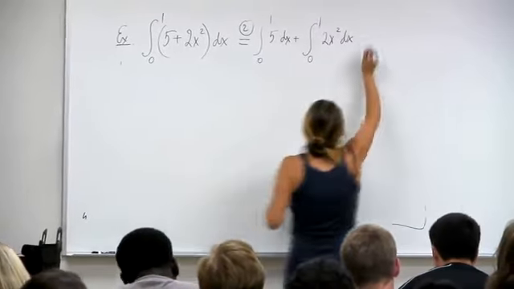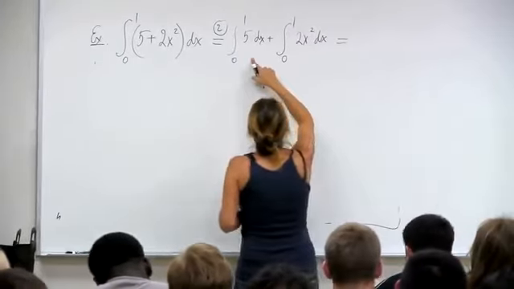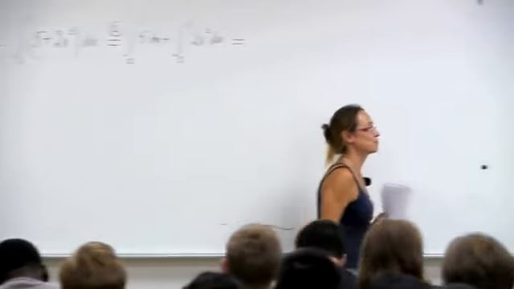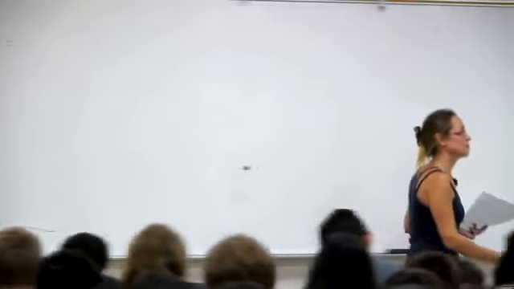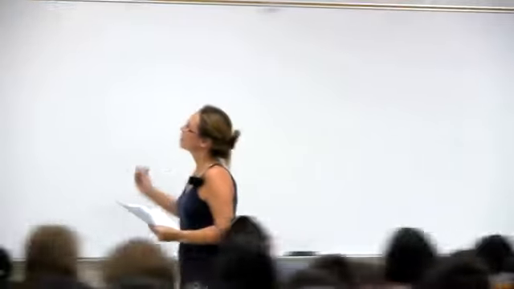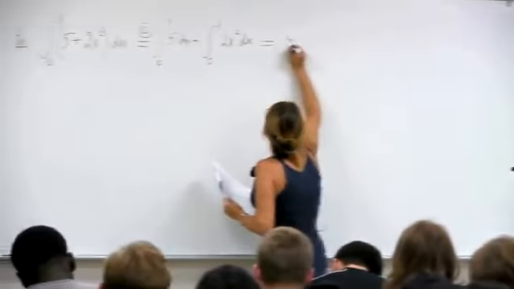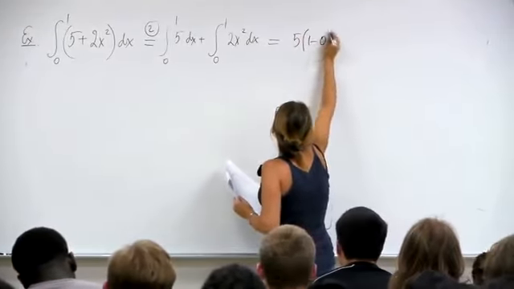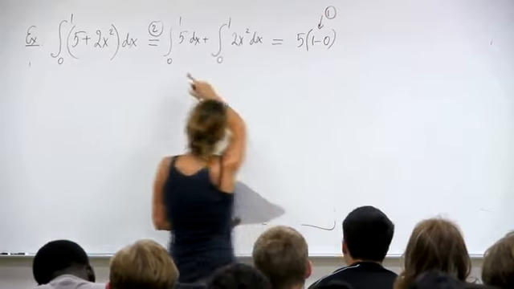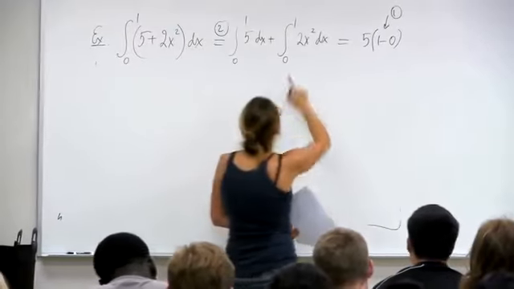Okay. Now, the first one, we have to look at rule number 1, which is a constant, right? We have 5 here. So we have 5 times 1 minus 0. And that's by rule number 1. So I dealt with this one nicely.